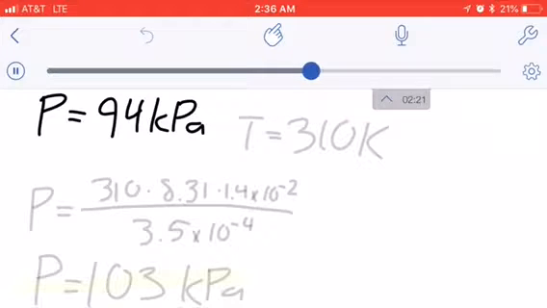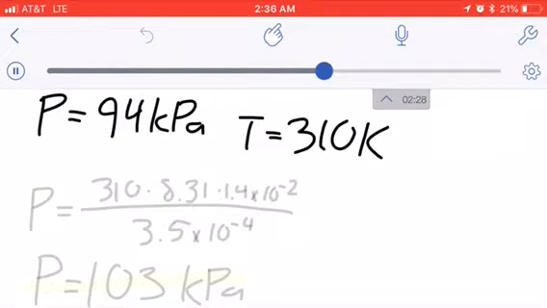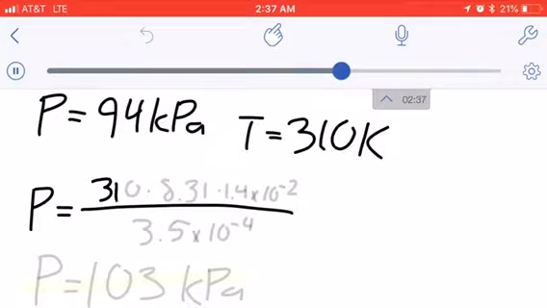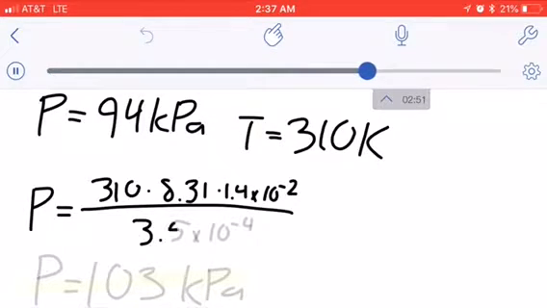The temperature is going to increase. So our new temperature is going to be 310 Kelvin instead of 273. Now we can go back to our P equation and just plug the numbers back in again. 310 Kelvin times 8.31 times 1.4 times 10 to the negative second, all over 3.5 times 10 to the negative fourth.